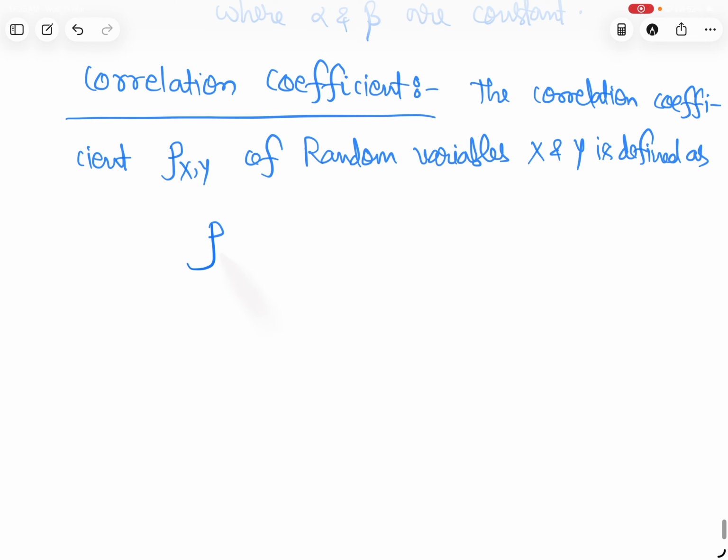It is defined by rho XY is equal to covariance of XY upon standard deviation of X into standard deviation of Y.